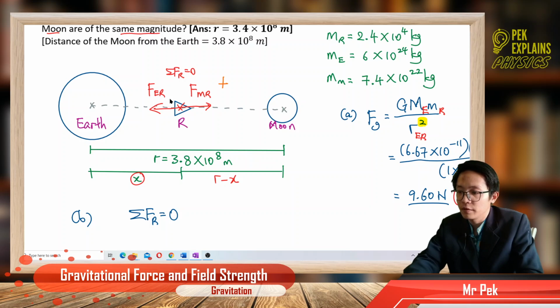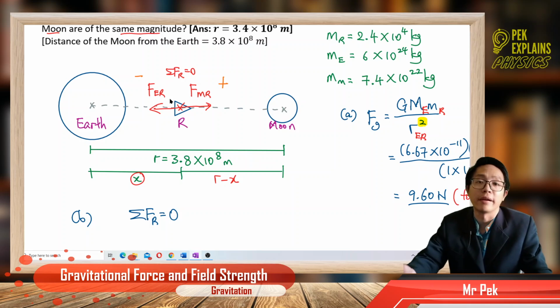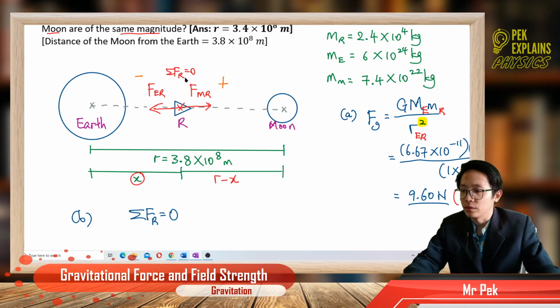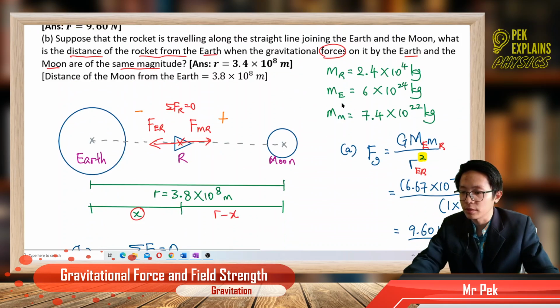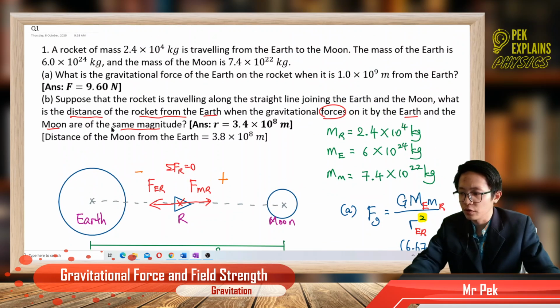Going to the right is positive, going to the left is negative. So we start with total force equal to 0, because the force of Earth and force of Moon are of the same magnitude. When the force of the Earth equals the force of the Moon, they cancel each other, so the total force on the rocket is 0.